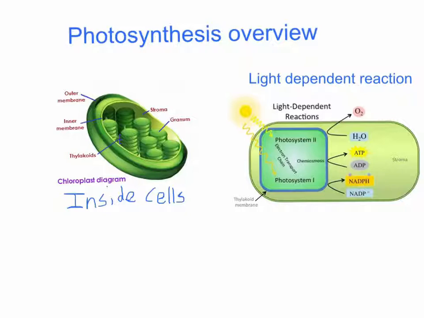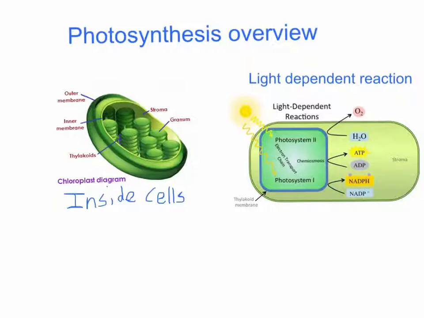So the hydrogen get picked up by NADP, you release the oxygen, and ATP is made as well. Then the hydrogen on the NADPH and the ATP are going to go into the next set of reactions called the light-independent reactions.